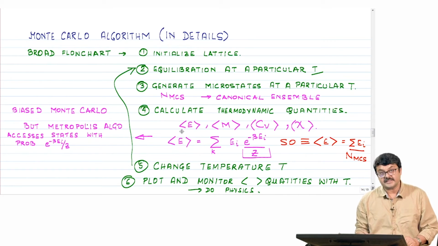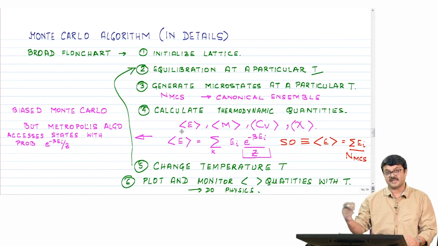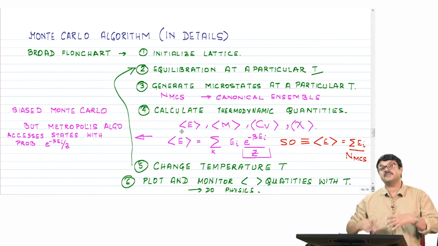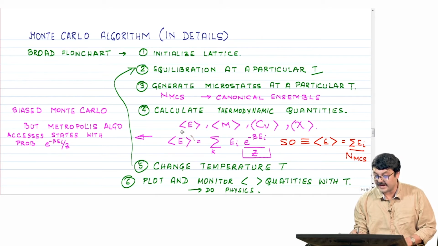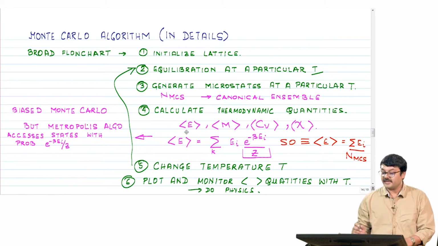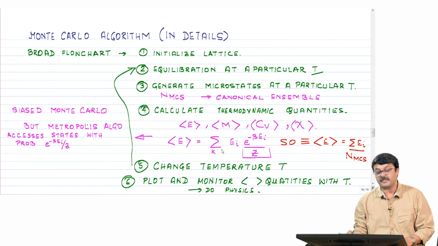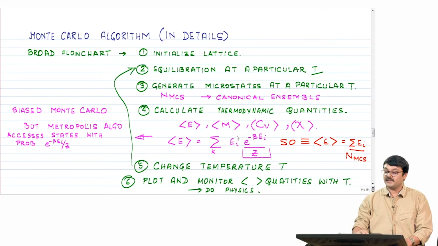Now, how would you calculate these averages? As the system accesses different microstates, different spin configurations, the expression for the average energy is the summation over different microstates i of the energy of the microstate. After every one Monte Carlo step, every 1 MCS, there will be a certain configuration of spins in the lattice, which corresponds to a certain value of the energy E_i, right.